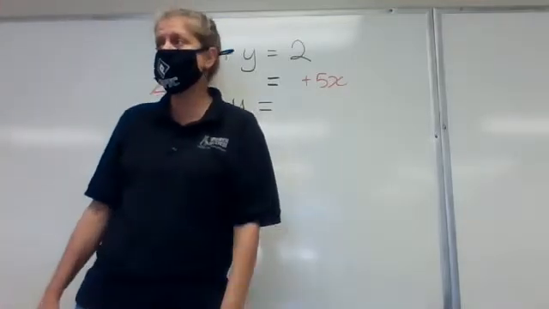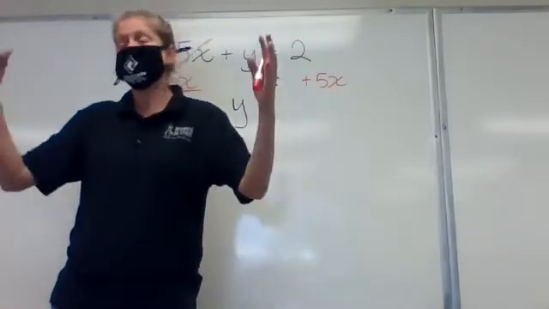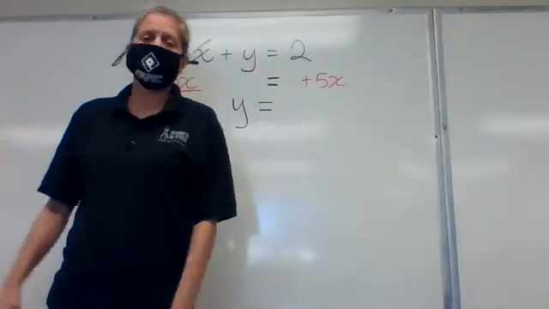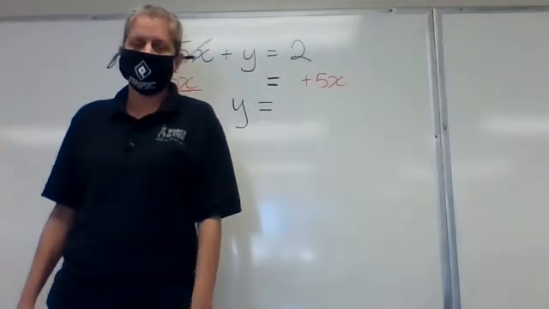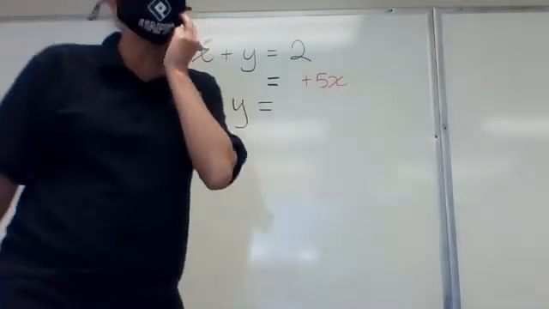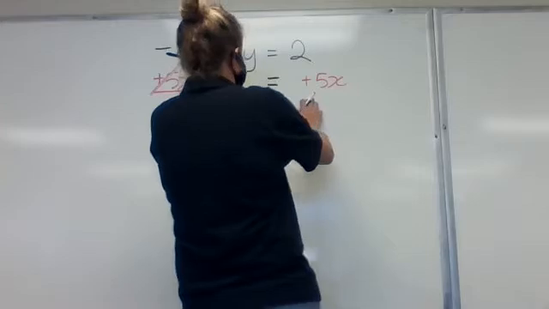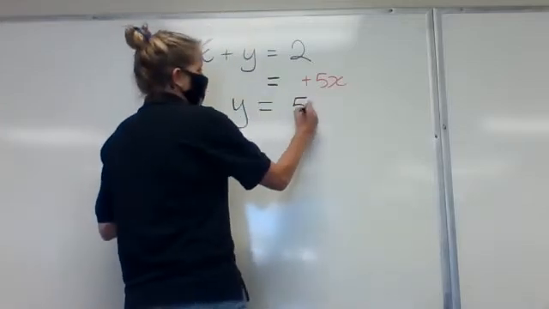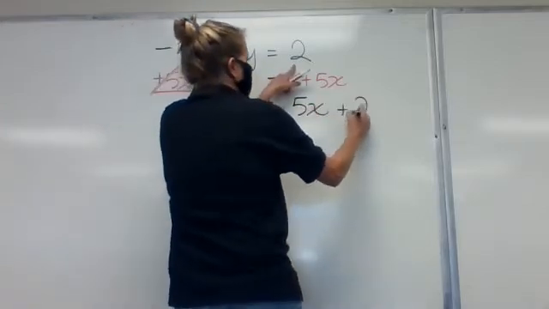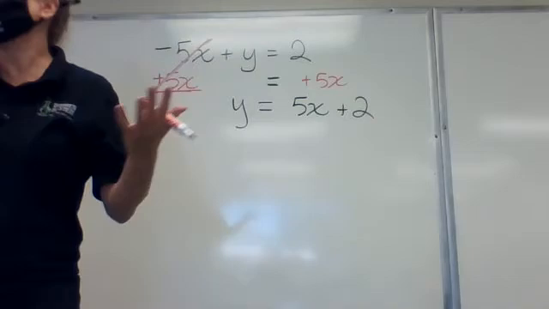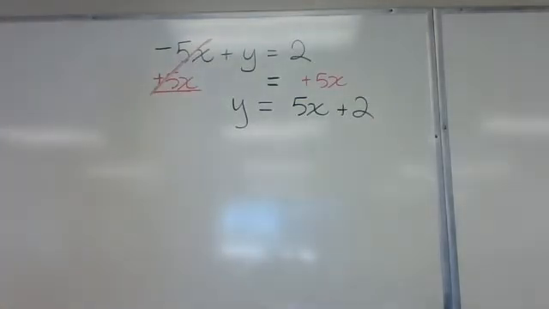You're going to have a positive 5x and a positive 2. It doesn't matter who's in front of the other. So if I put the 5x in front, I'll have 5x plus 2, or you could have 2 plus 5x, however you want to say it.